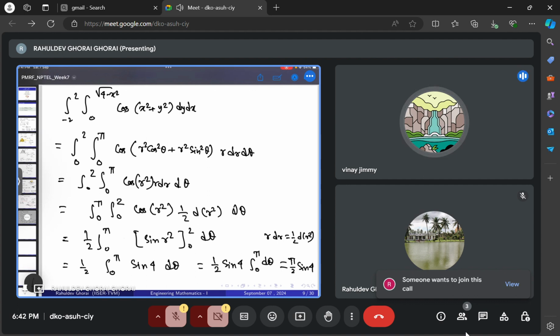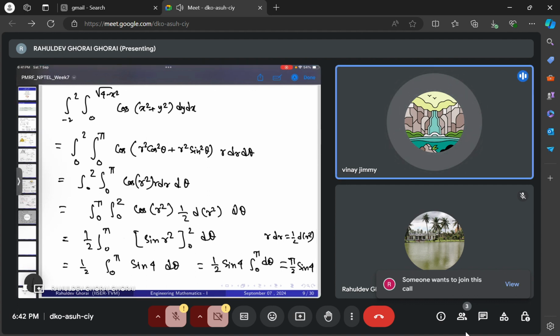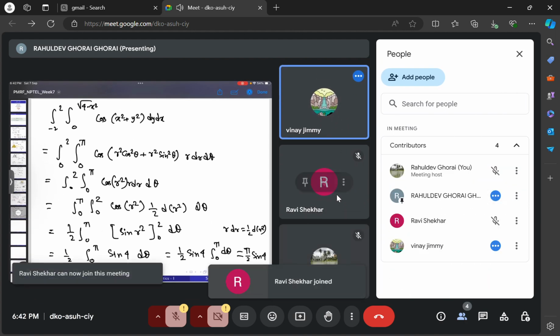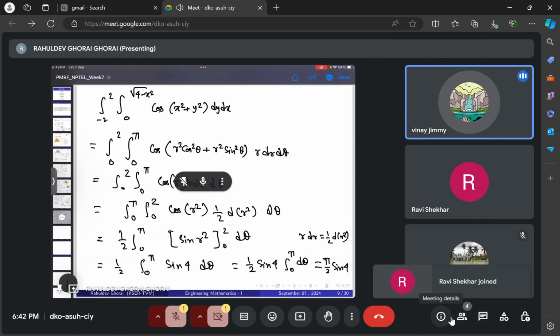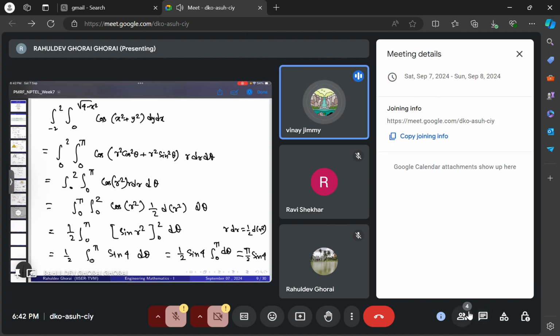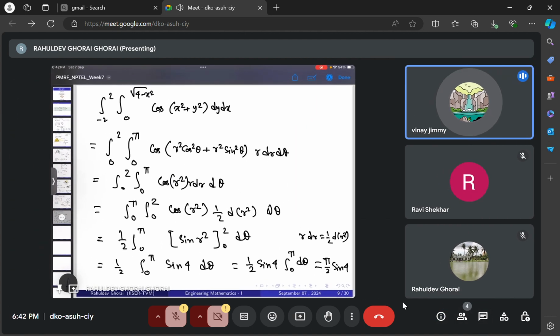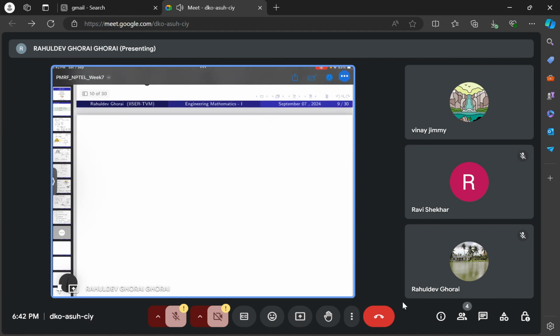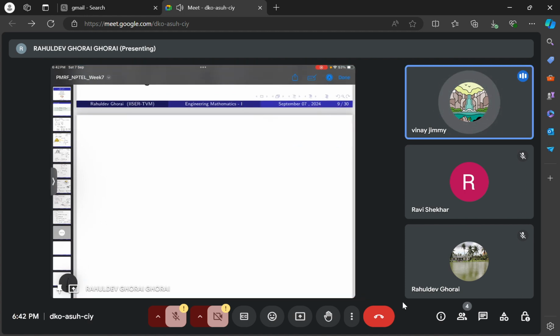Okay. Sir, how do you do that? Three curves are intersecting each other, and you form that equation, the triple integral. What are you asking?